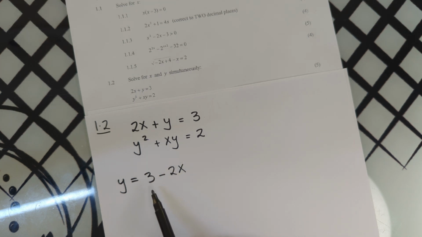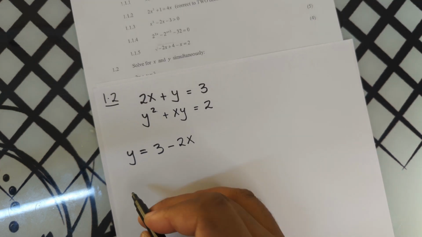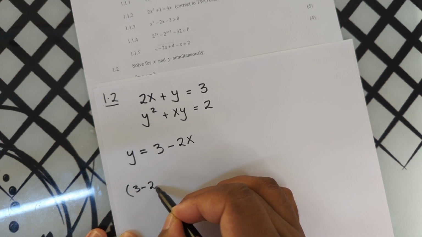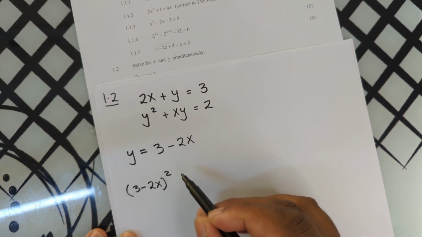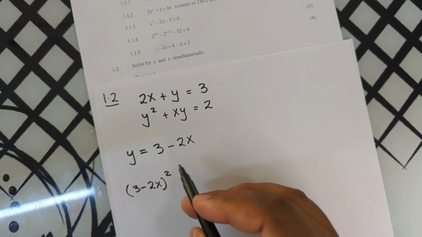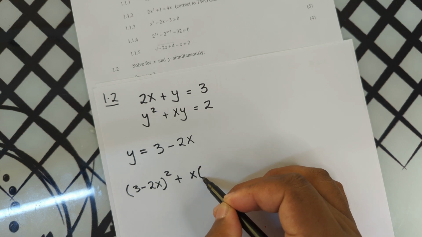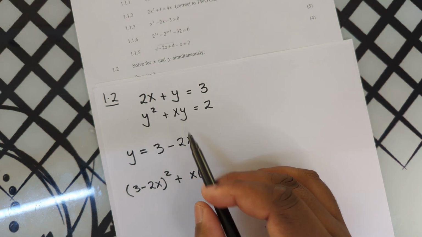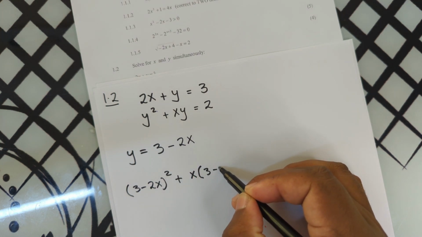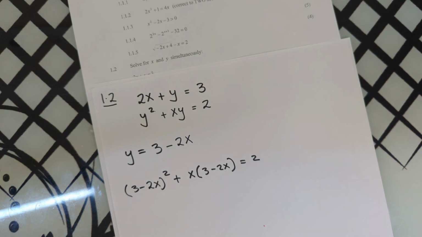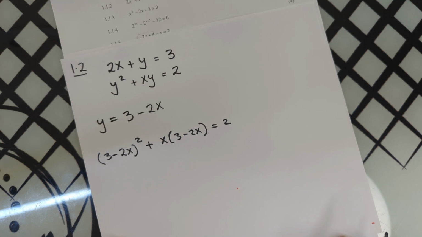Where we see y, we are going to replace it with 3 minus 2x. So we are going to have 3 minus 2x to the power 2, because it was y to the power 2, plus x multiplied by, now instead of writing y, we are going to write 3 minus 2x, close bracket, is equal to positive 2.